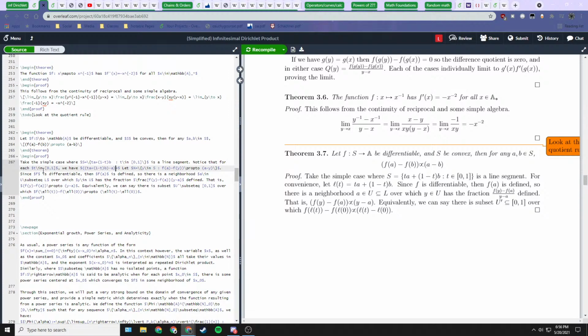When we solve this out, we get t minus 1 here, and we can also factor out t minus 1 times a minus b.